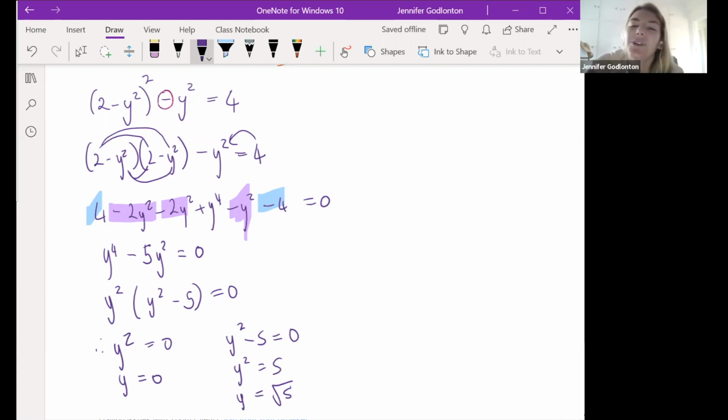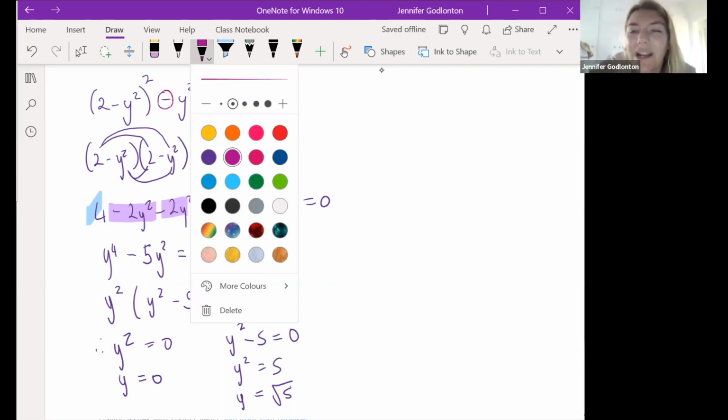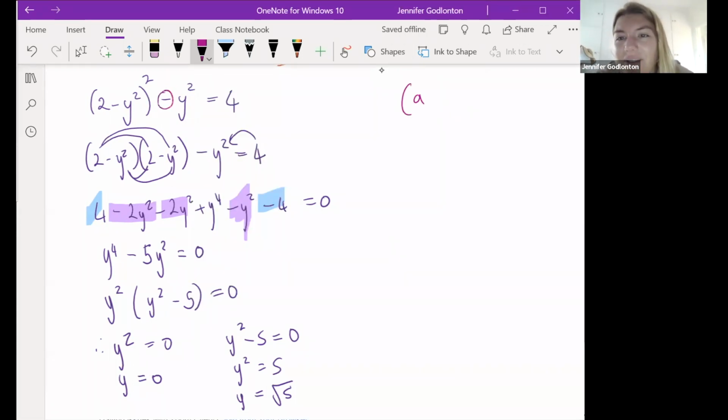Oh, okay. So you're confused about the method. Okay, I hear you. This was a very nice question. So I'm glad we went through it, but I hear what you're saying. If we have a minus b squared, what you're saying is we have a squared minus 2ab plus b squared.